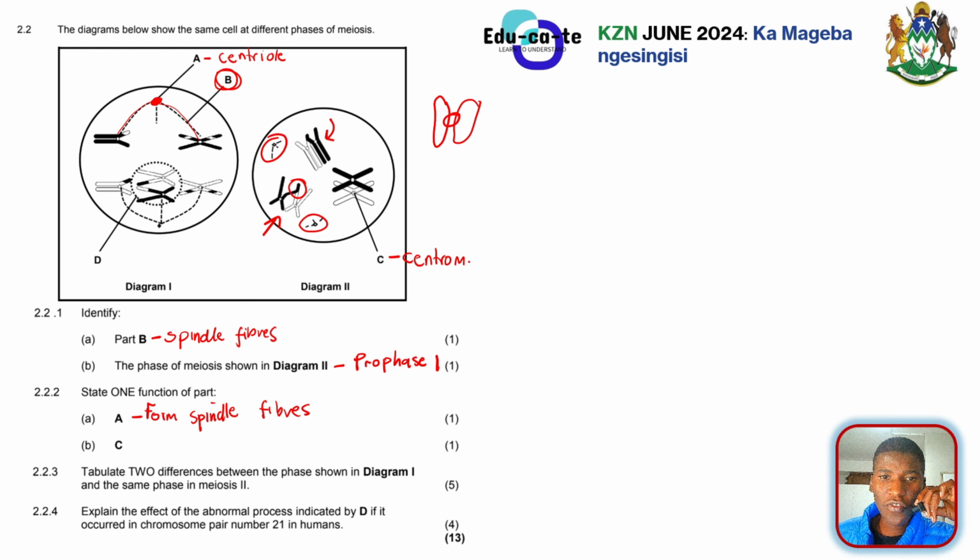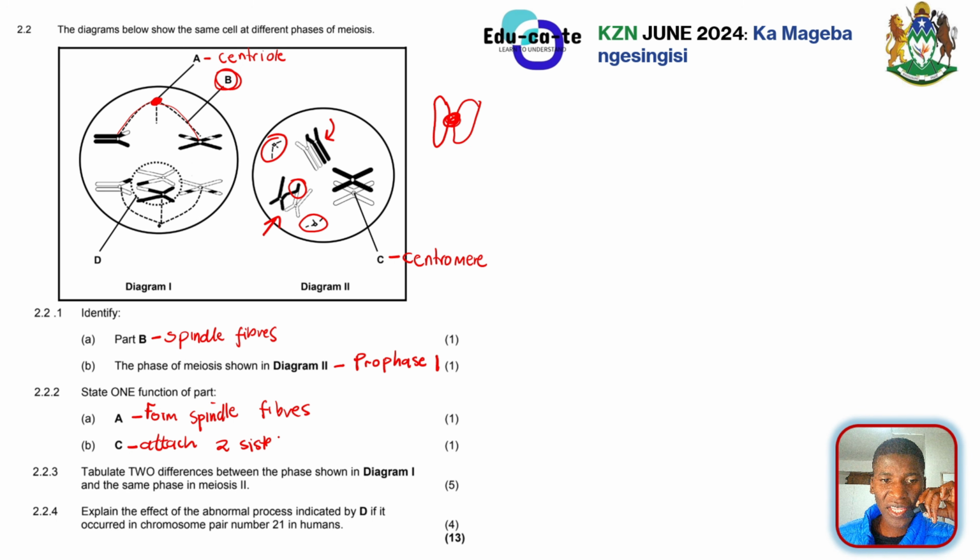The centromere is found in between two sister chromatids, or you can say two daughter chromatids. So these daughter chromatids, or sister chromatids, are attached by this centromere. So that's its main function. Basically it is to attach, or to combine, two sister chromatids.